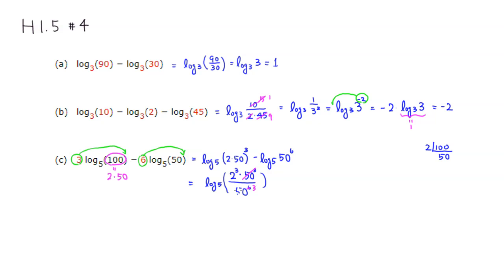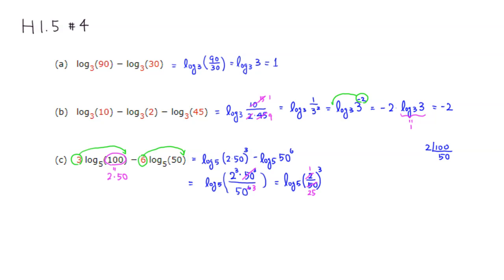Since we have 2 to the 3rd and 50 to the 3rd power, we can write it as log to the base 5 of 2 over 50. And since we have the same power, I'm just going to put the power up here. Then you can simplify. Let's see, 2 over 50 is 1 over 25, so divide by 2.